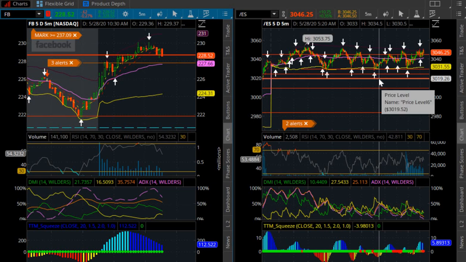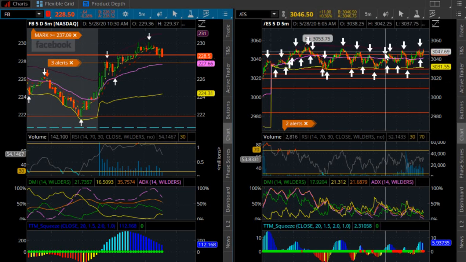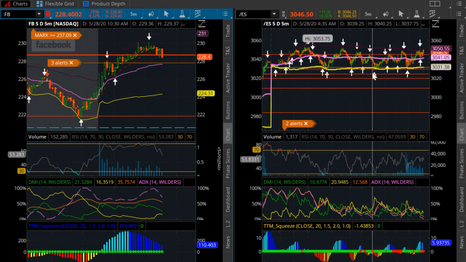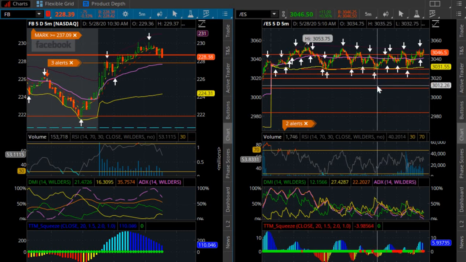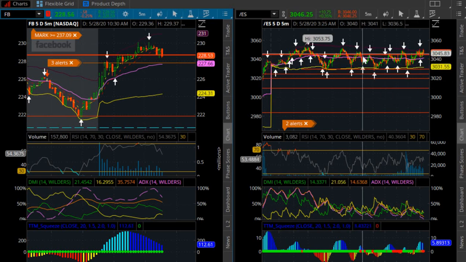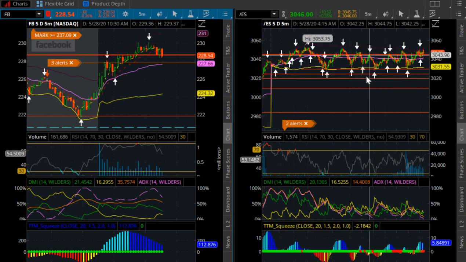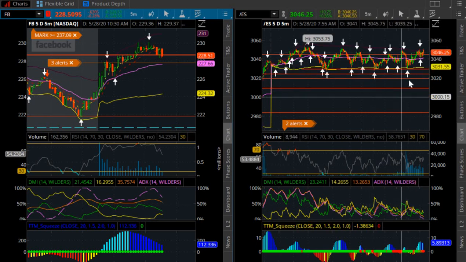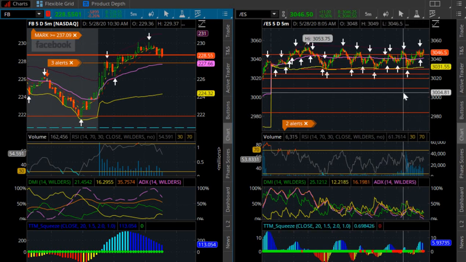If you get a big channel here from 30.19 all the way up to 30.43, that is a big channel to play where you can find good setups and good quality plays. However, today you're seeing this tight, narrow channel where we're not getting much trend or direction and really just trading back and forth.